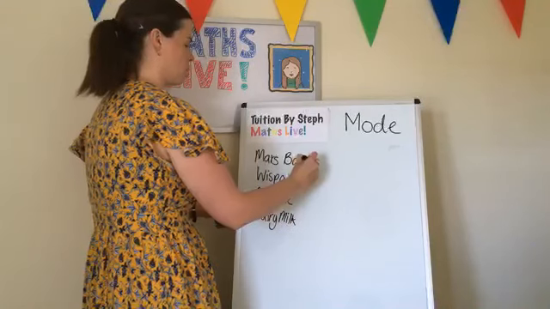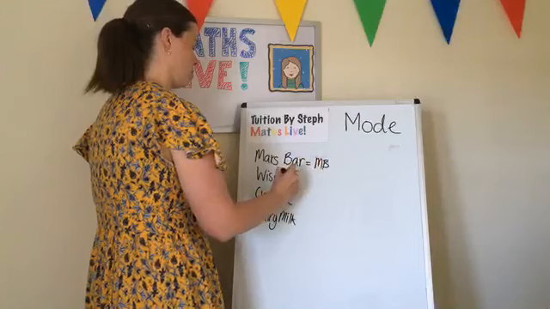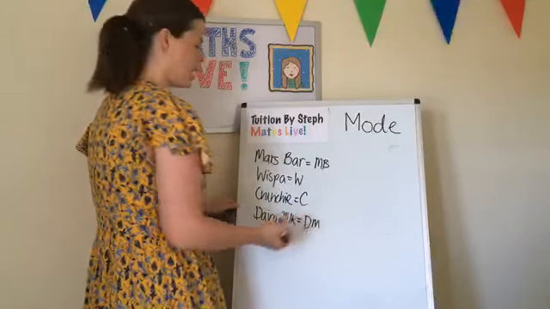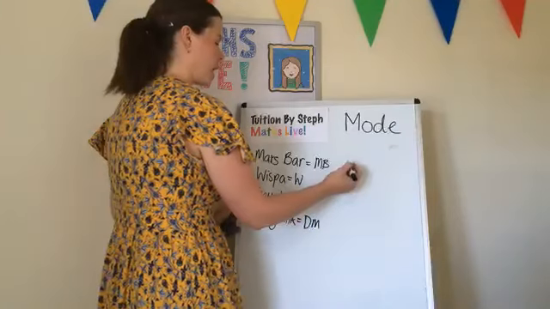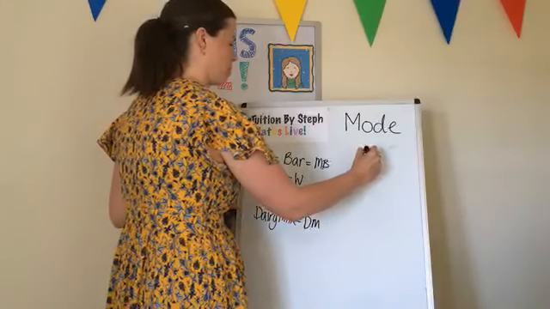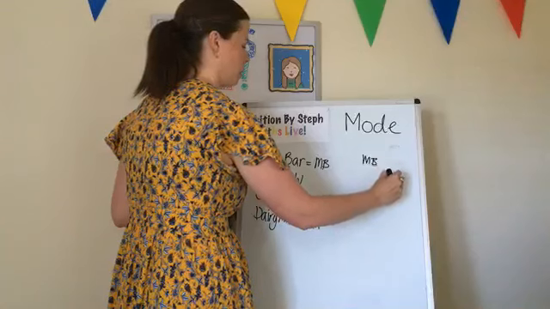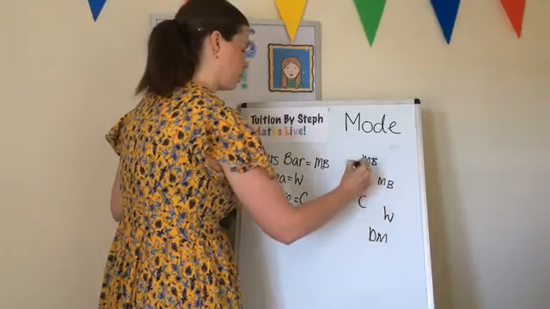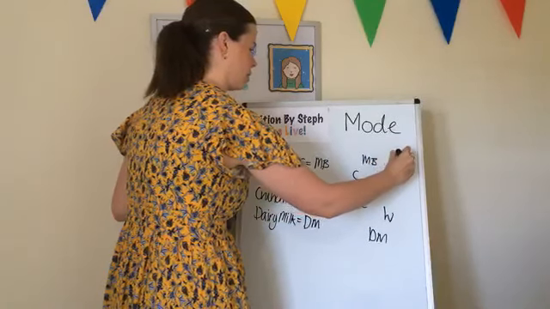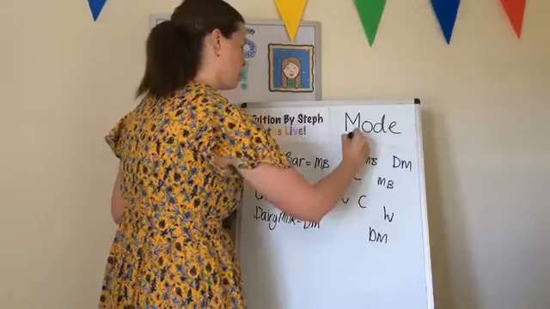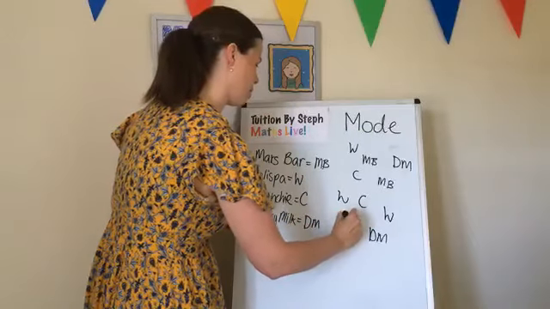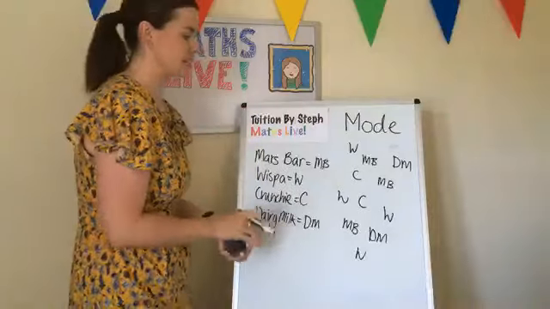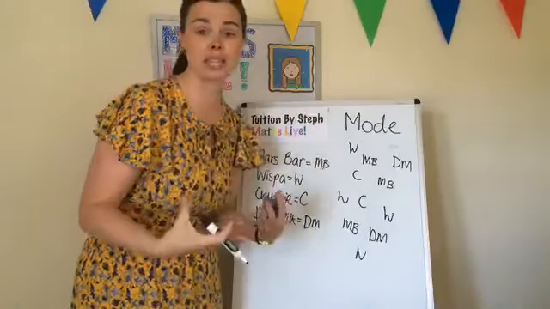I'm going to say MB for Mars bar, W for Whisper, C for Crunchy, DM for Dairy Milk. So we might have: Mars bar, Crunchy, Whisper, Dairy Milk, Crunchy, Dairy Milk, Whisper, Mars bar, Whisper. Out of this data, these are the chocolates that people have shouted out.